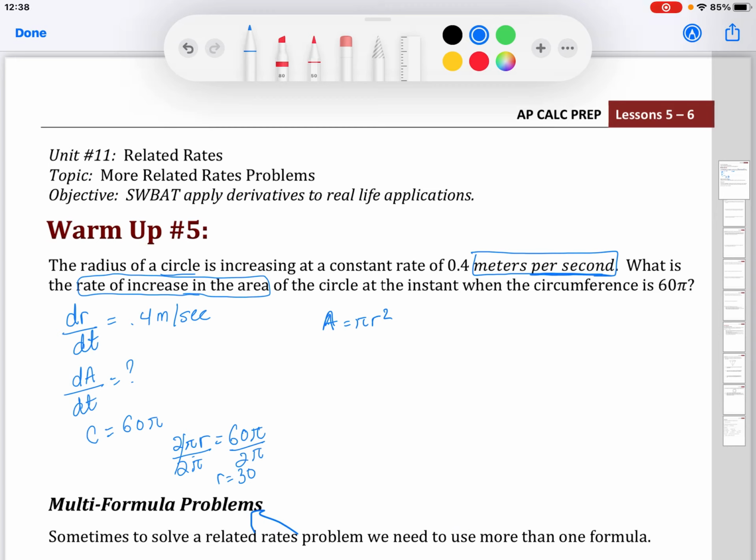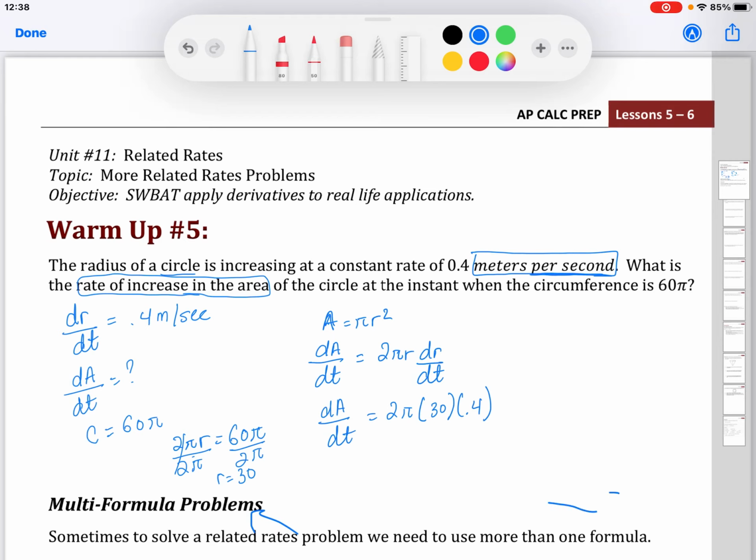It's a matter of first taking the derivative and then substituting. So my derivative on the left would be dA/dt. We are differentiating with respect to time. Remember, pi is just a number, so use your power rules. It's 2 pi r and use implicit differentiation, dr/dt. Now I'm going to substitute in: dA/dt is equal to 2 pi times 30 times 0.4.